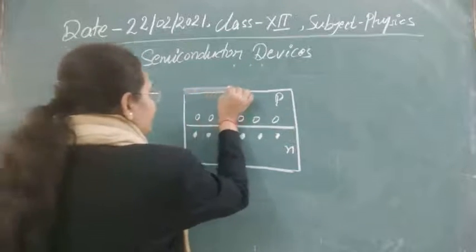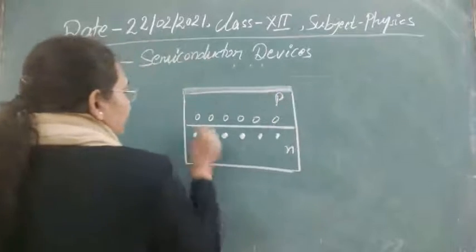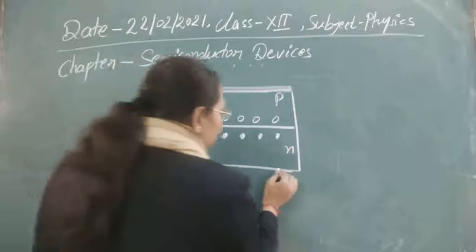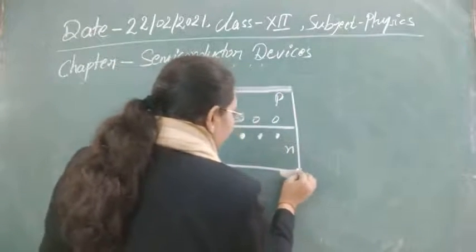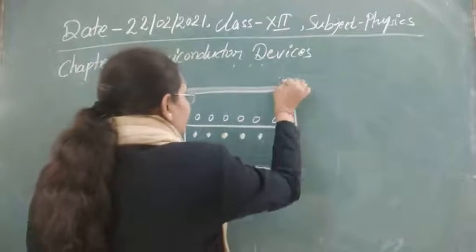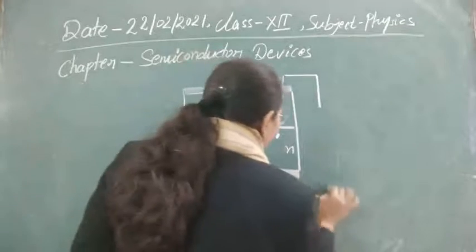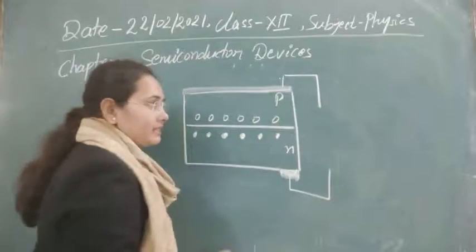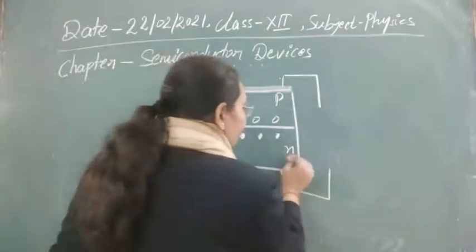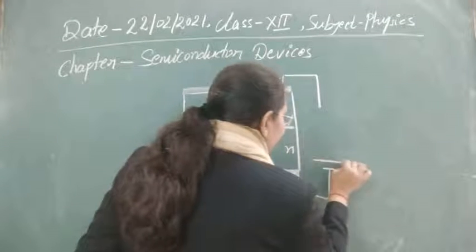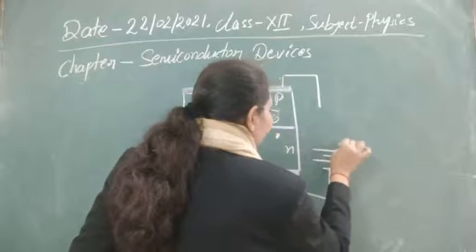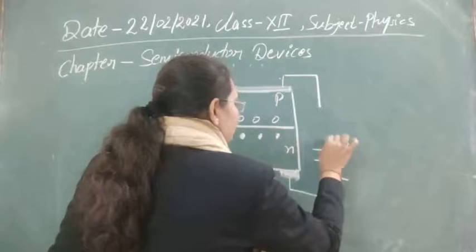Suppose we have used some plates here, and now we bias the n and p type through some metallic contacts. This biasing we have to do in forward bias. So to bias it in forward, n-type is connected to negative and p-type is connected to positive. This is the connection for this.